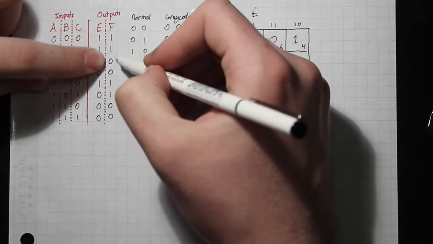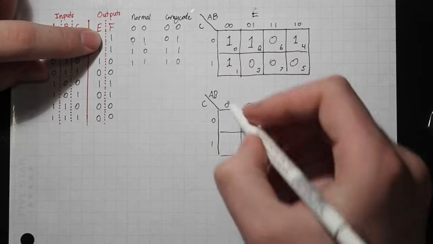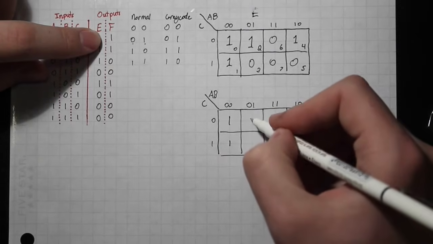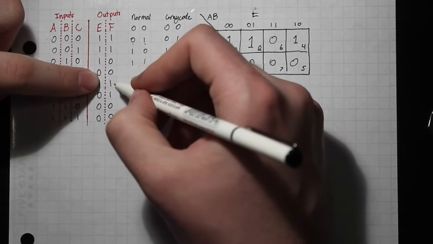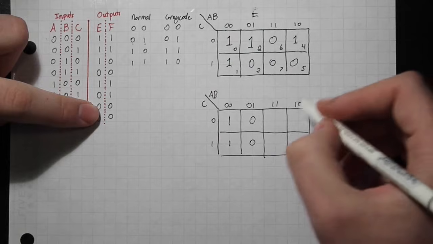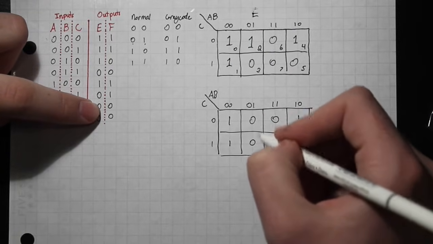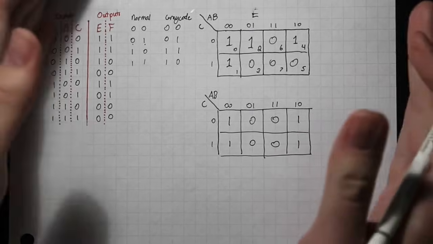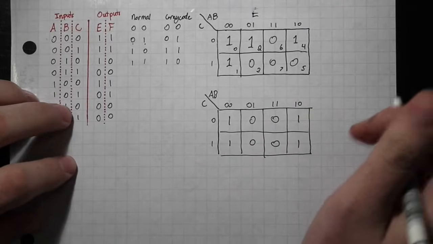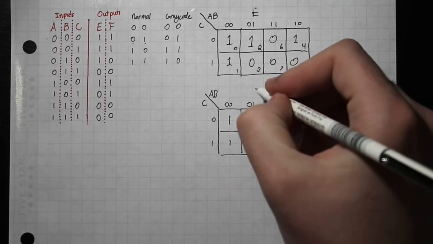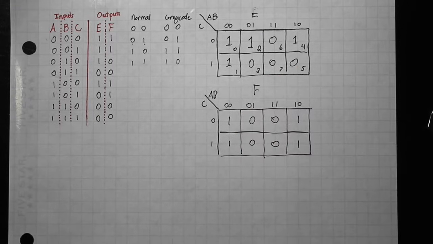So we get 0, 1, 2, 3 is 1, 1, 0, 0, and then we get another 1, 1, 0, 0. So remember that pattern of kind of coming outside in. And I'm just going to label this as F.